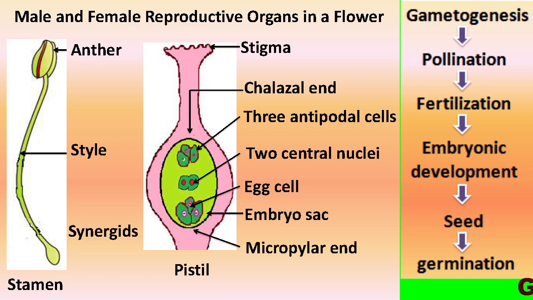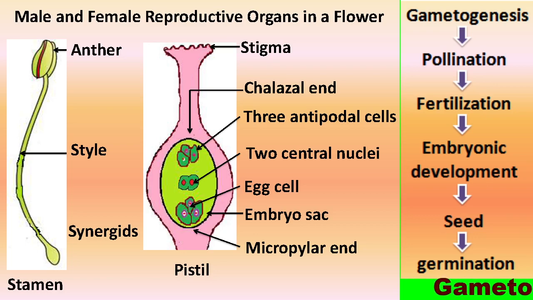In this ovule, that is the embryo sac, there is the production of the egg cell, and the production of the egg cell is known as megasporogenesis. Megasporogenesis means production of the female reproductive gamete, the female gamete.